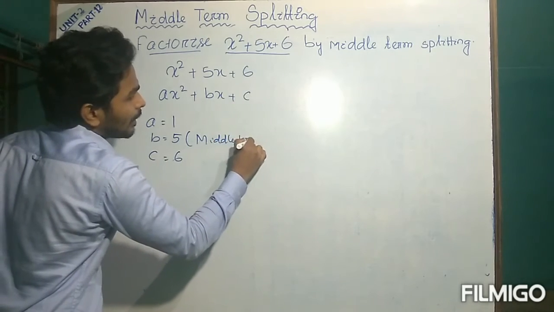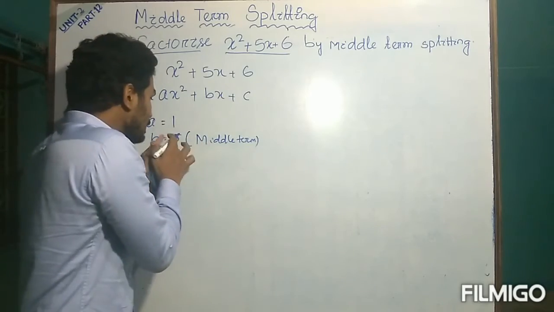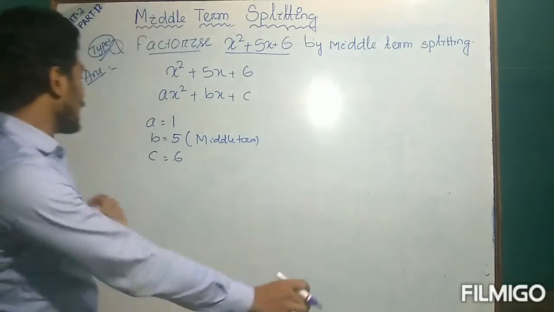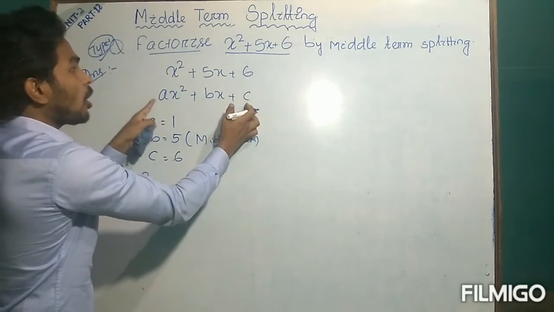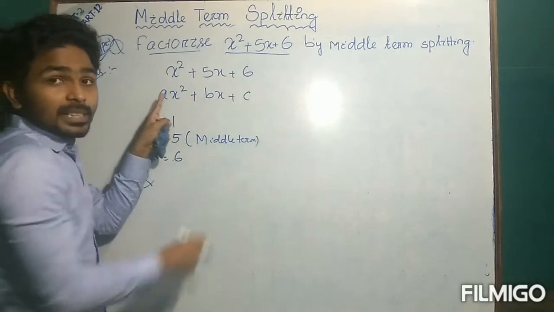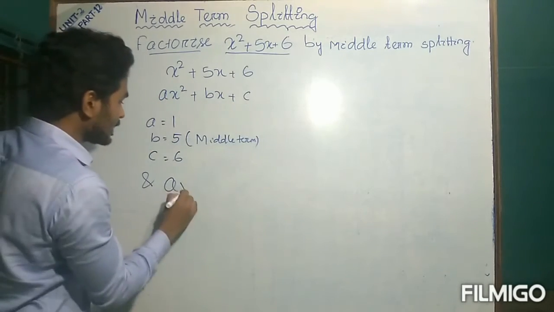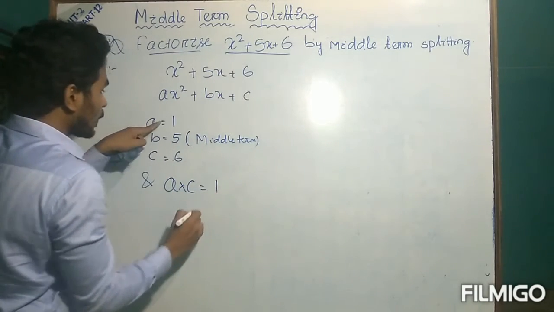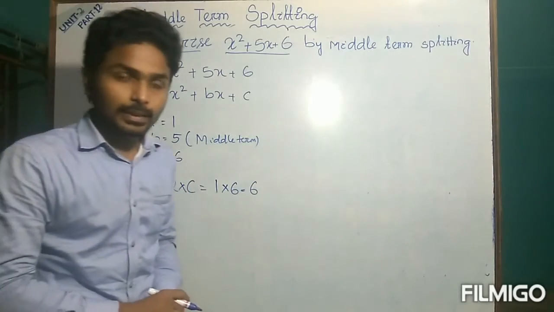Out of these 3, this is the middle term. Ultimately we will split or break this middle term into two numbers or two parts. Here the multiplication of the coefficient of x square, that is a, and the constant, that is c, is how much? You can see a is 1, c is 6, that is 6.